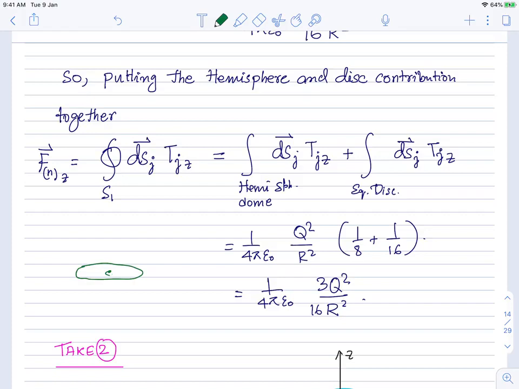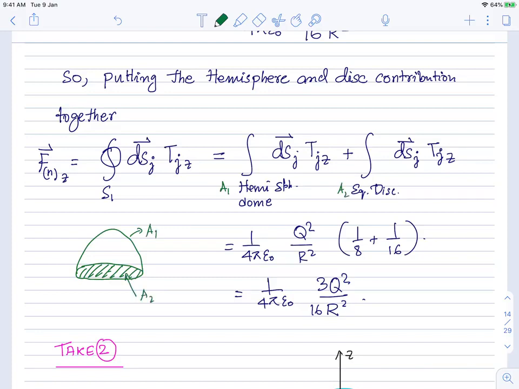This is what I'm calling the equatorial disk, and then there's a hemispherical dome like this, which is also there. This is the first integral. Let's call it A1, and let's call it A2. So this is A1 and this is A2.